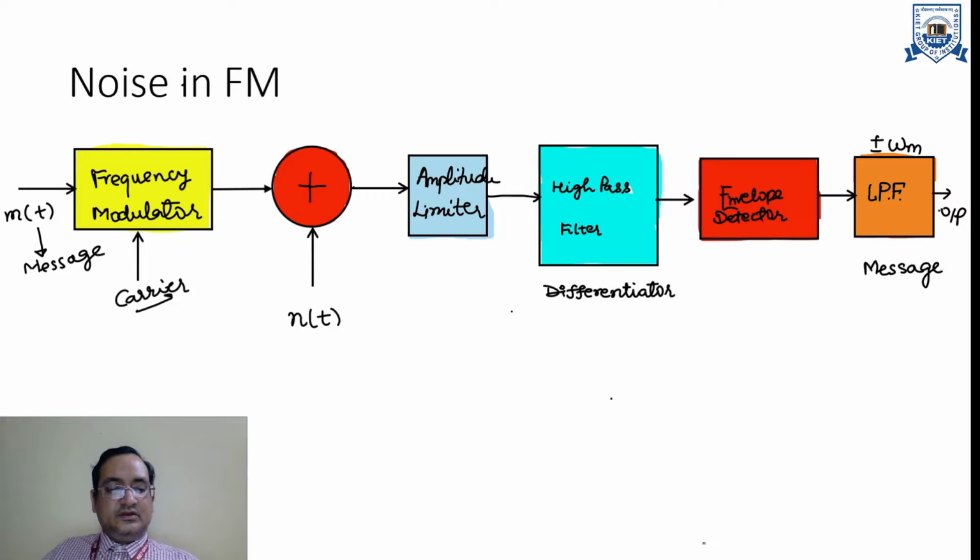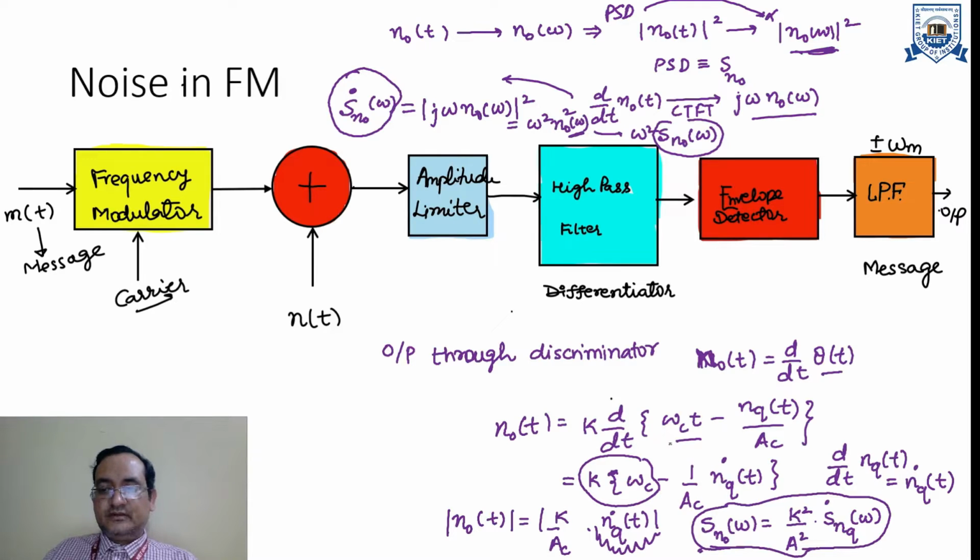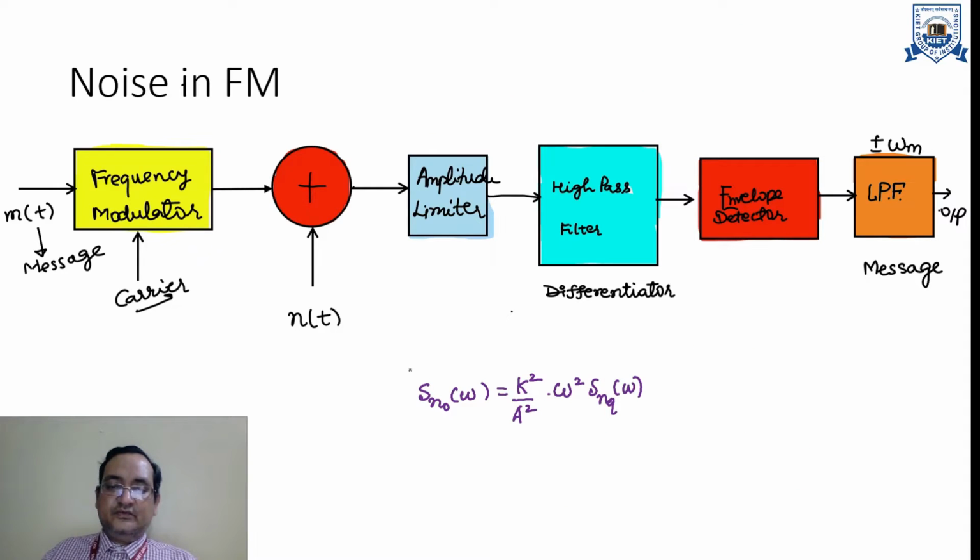So you will get the noise power spectral density, which is S_no(omega), equal to k square divided by A square into omega square S_nQ(omega), right? I forgot to mention omega square earlier. So here it will be omega square, and the final value will be this one.